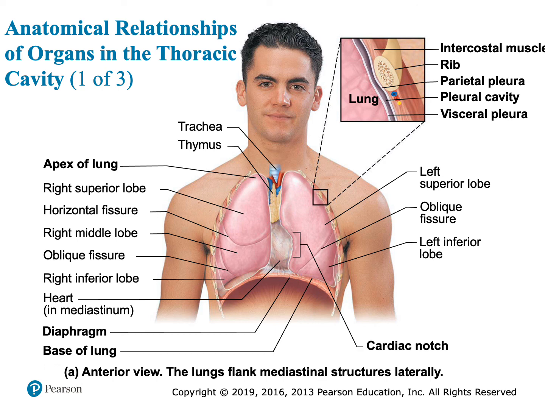When you take a breath, your diaphragm goes flat and your ribs go out and up. Your parietal pleura is actually clinging to your visceral pleura, and that actually helps those lungs expand because they're buddies.